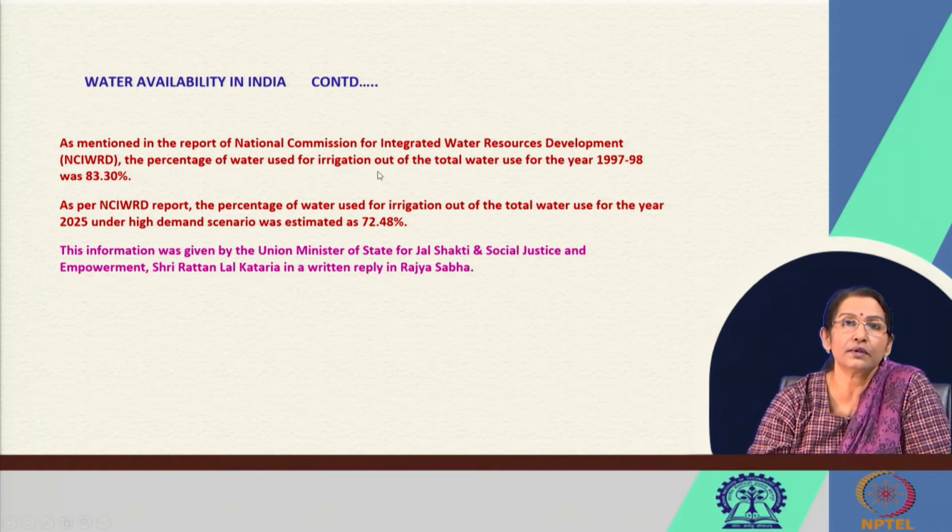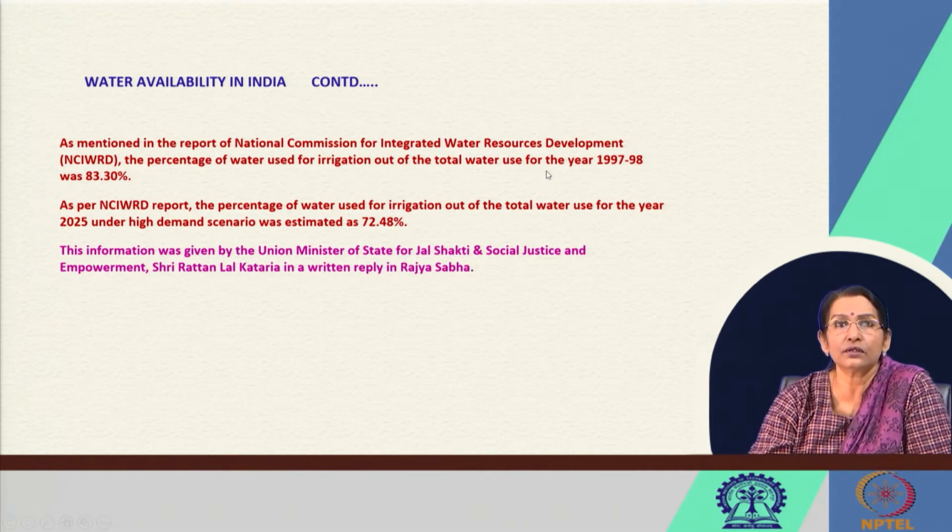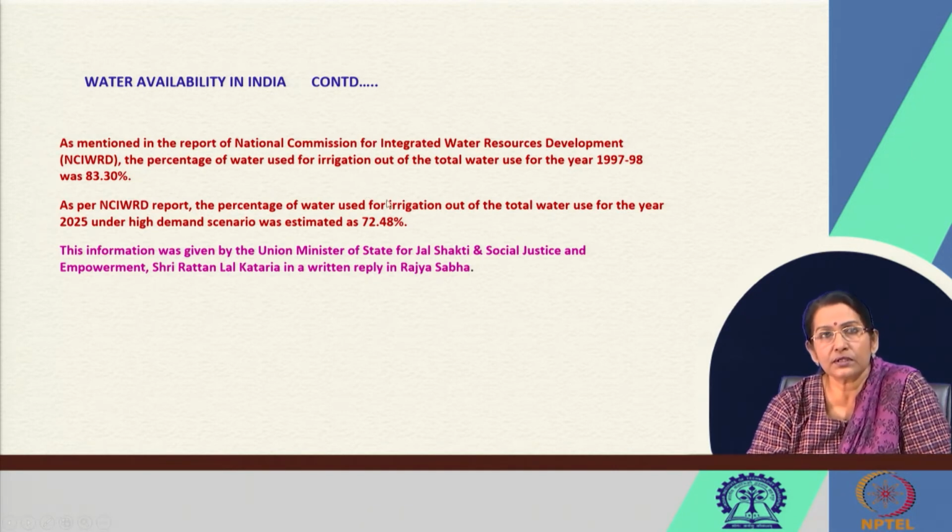So, our crops, our harvesting, our seasonal food products, manufacturing, all kinds of things get affected due to the shortage of water. During 97 to 98 it was 83.30%, the water used for irrigation. Now, gradually it is decreasing because of seasonal disruptions or insufficient rain, etc.